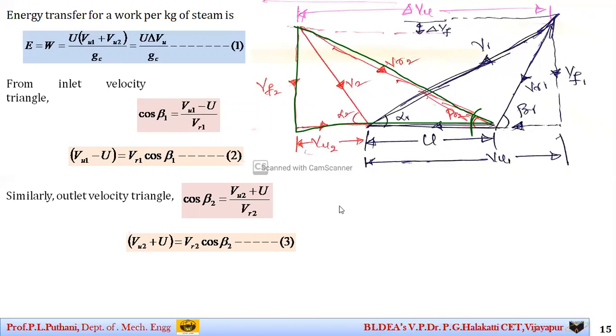If you observe our equation number 1, it consists of what terms? VU1 plus VU2. If I want to get it in this form, then what I can do is add equation 2 with equation 3. So if I add equation 2 and equation 3, the resulting equation I will get in terms of VU1 plus VU2.